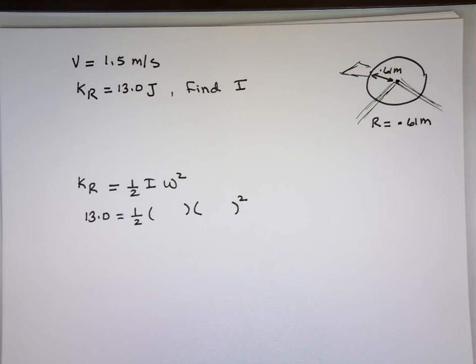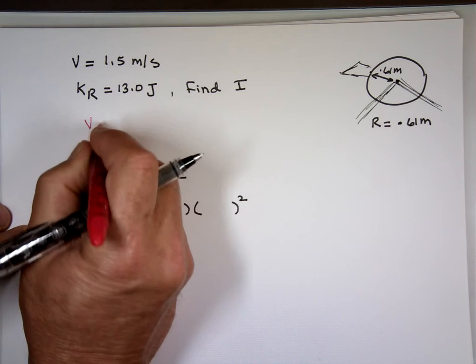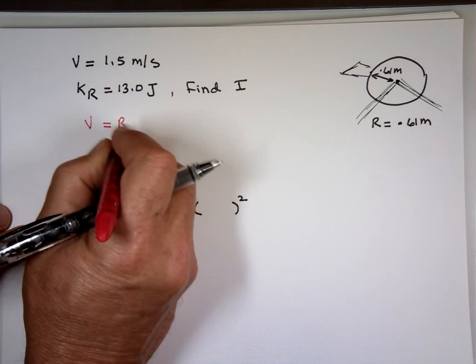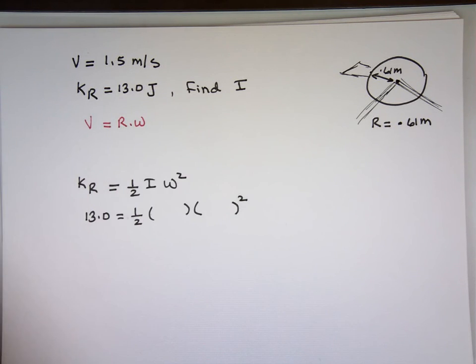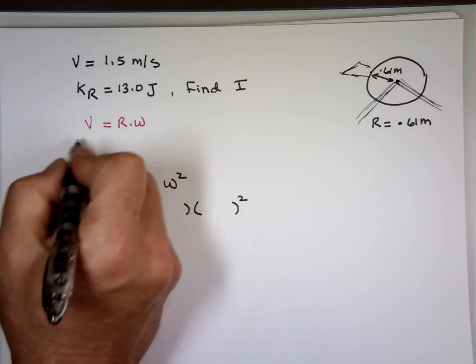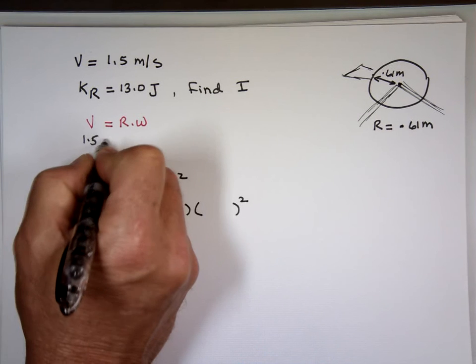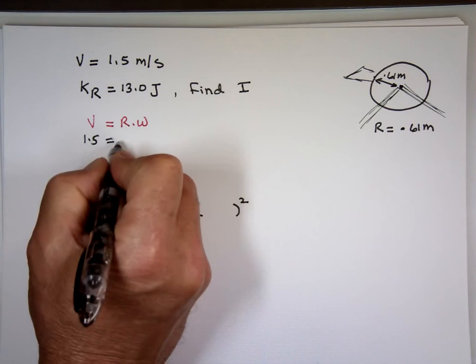Can we find W? V equals what? Isn't that R times W? Do you know what V is? 1.5. Do we know what R is? 0.61.